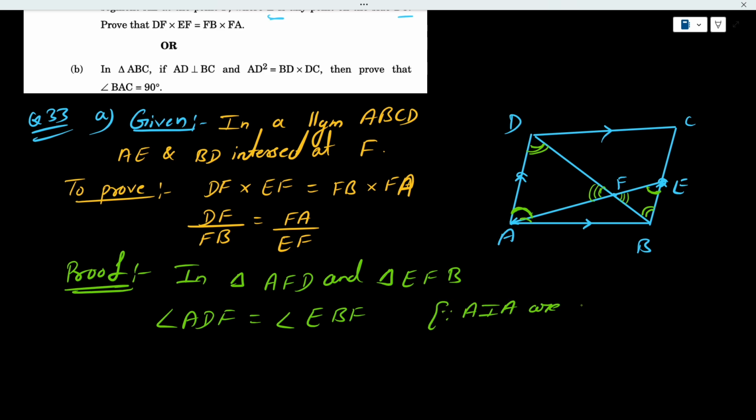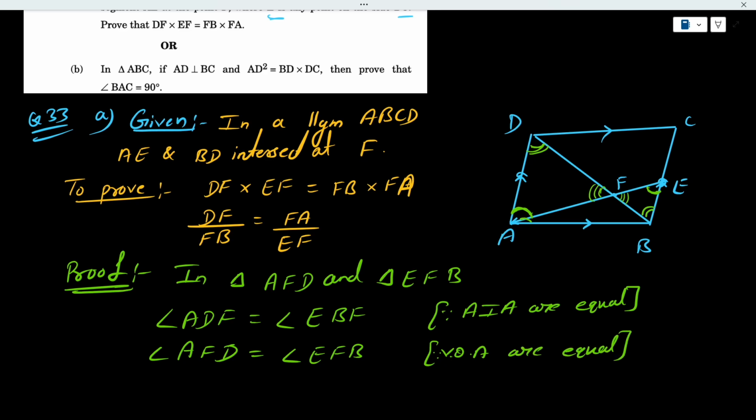Because it's a parallel line, BD will be a transversal. What is the other angle which is equal? Angle AFD will be equal to angle EFB, again here these are vertically opposite angles, which are equal, right?